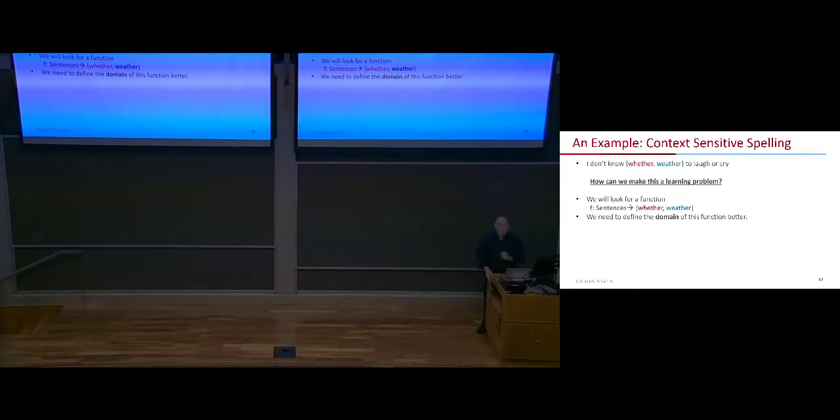Any other suggestion? Yeah. You might want to get the stems of all words. Why? Because that's the actual word, and the stem reduces the number of words we have to look at. Okay, so that's a very interesting suggestion. So you want to distinguish between a sentence, I don't know whether to laugh or cry, and I didn't know whether to laugh or cry, right?